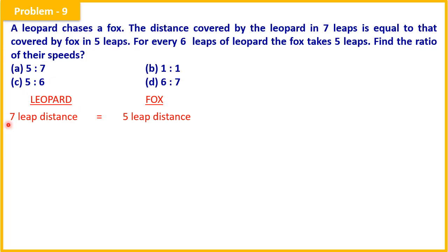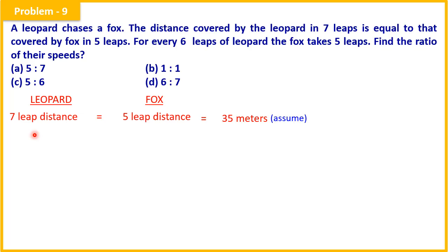So distance is the same. To cover that distance, the leopard has to take 7 leaps, whereas the fox has to take 5 leaps. Let us assume this equal to a number which is divisible by 7 and 5. Let us take LCM of 7 and 5, which is 35. So I will assume this is equal to, suppose, 35 meters.